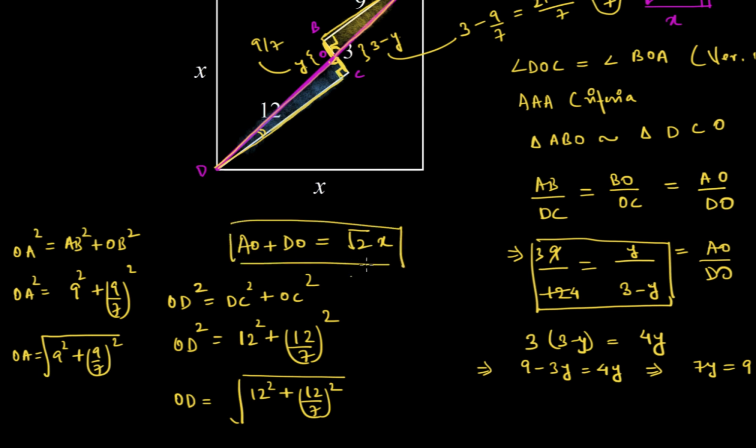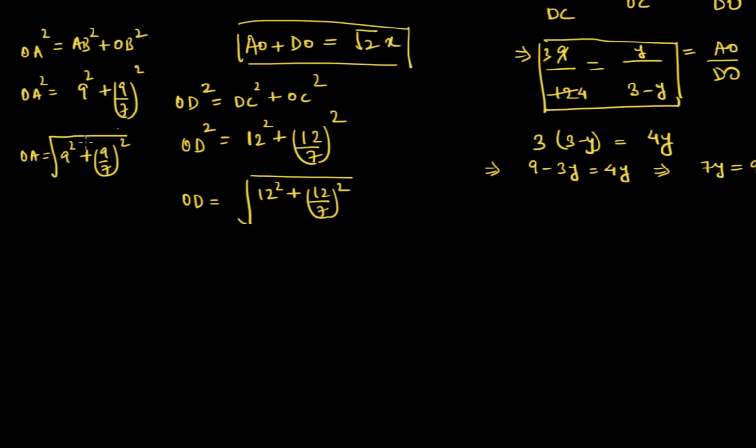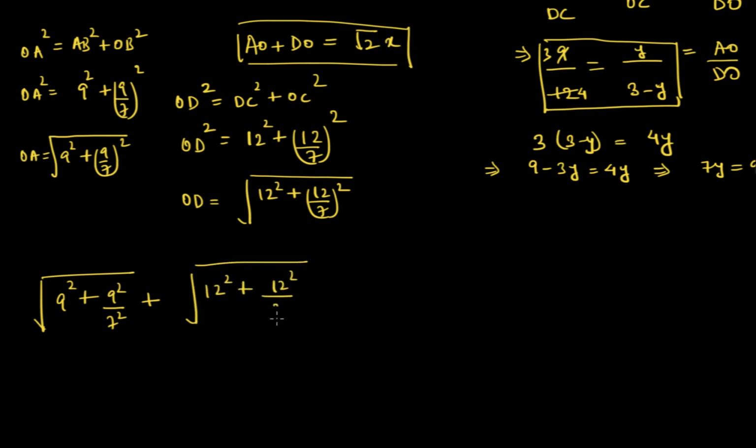So now is the right time to equate them. AO is equal to under root of 9 square plus 9 square upon 7 square, plus DO is equal to under root of 12 square plus 12 square upon 7 square, and this value is equal to root 2x.